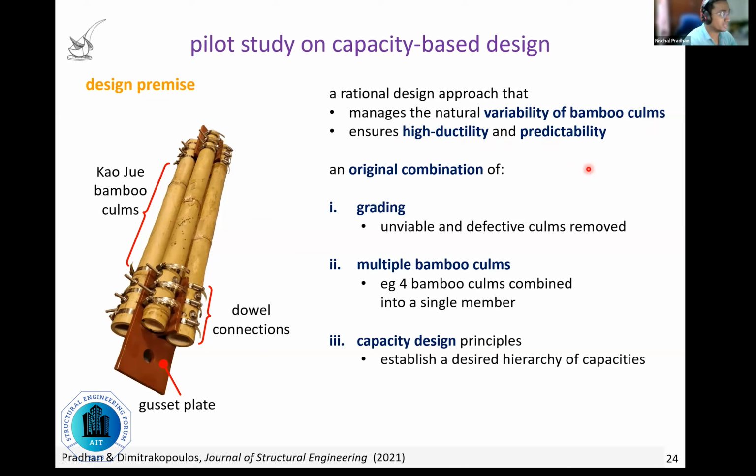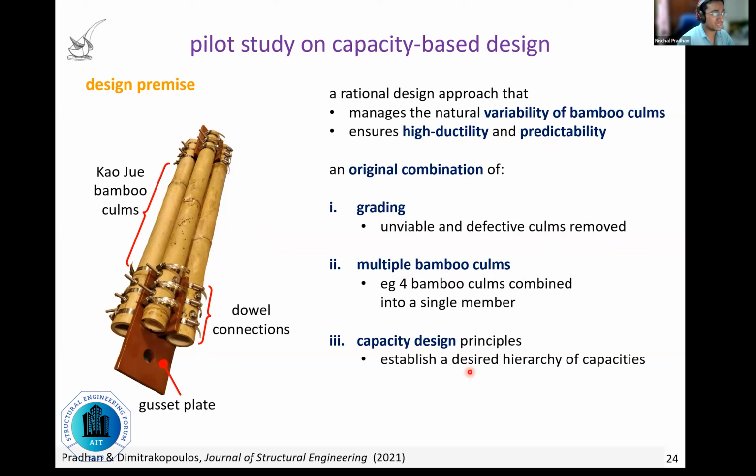We do this by proposing an original combination of grading, which refers to the removal of unviable and defective columns, use of multiple columns. For example, here you can see 4 bamboo columns being combined into a single axial member, and adopting capacity-based design principles to establish a desired hierarchy of capacities.